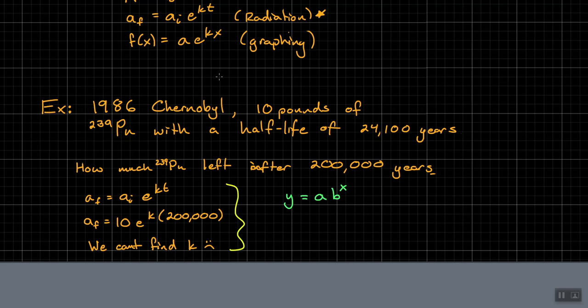Except instead of e, we're using this number b. Everybody see that there's a connection between this and this? Okay. e is this lovely number, 2.718, that you probably have no understanding of why it shows up here and its significance. That's okay. This is still our initial amount, I think. Let's just see what shakes out here. If we use this, what's our initial amount?